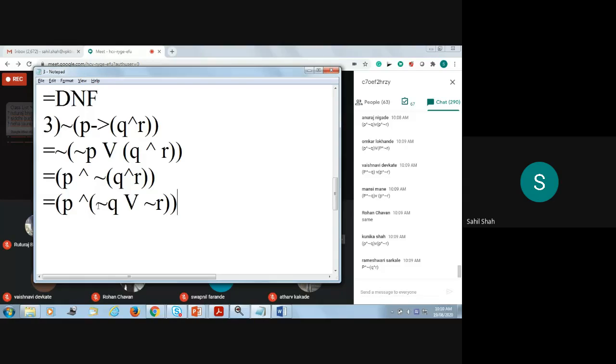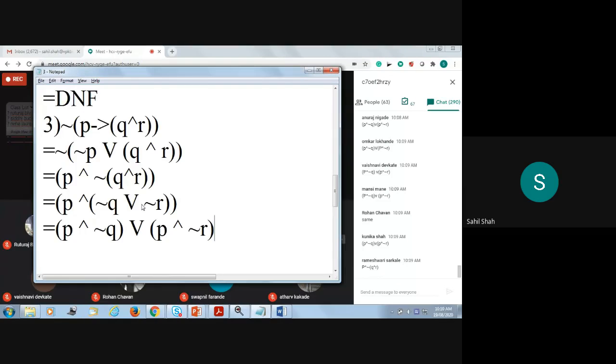No, I want disjunction outside and conjunction inside. So I will go further. This is equivalent to P conjunction negation Q in one bracket, disjunction comes outside. Next is P conjunction negation.